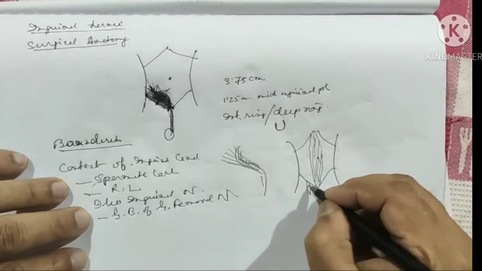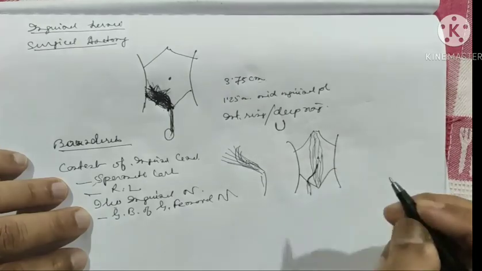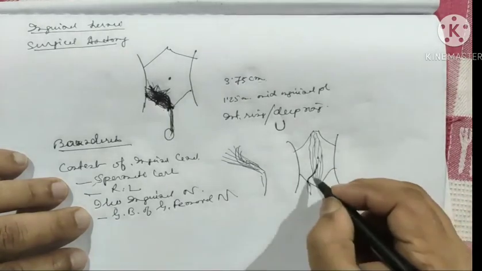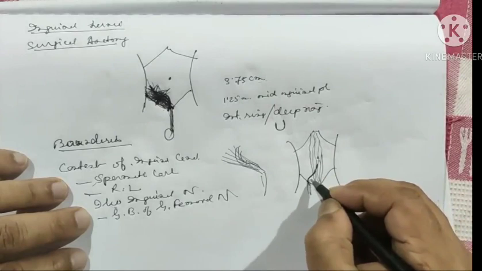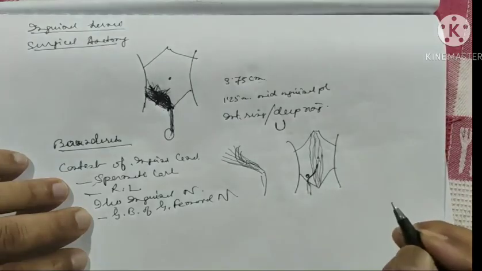From the femoral artery there is a vessel that goes like this, which is known as the inferior epigastric artery. This inferior epigastric artery has certain importance. The deep ring is just lateral to the inferior epigastric artery.